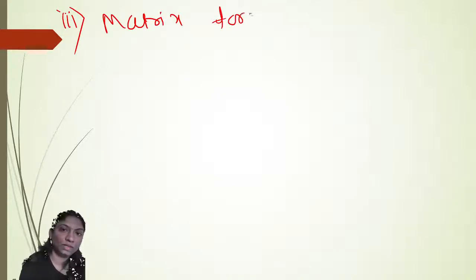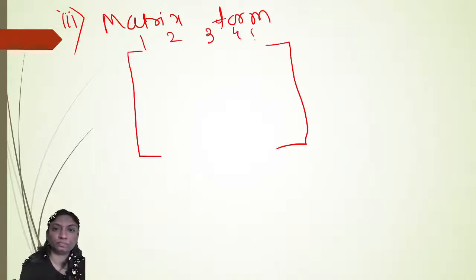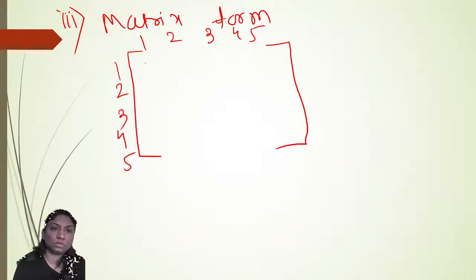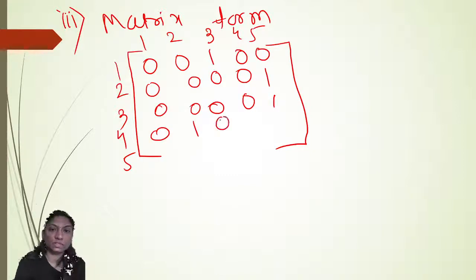Third one, matrix form. Okay. 1 related to 3, otherwise it is 0. 2 related to 5, otherwise it is 0. 3 related to 5, otherwise it is 0. 4 related to 2, otherwise it is 0.